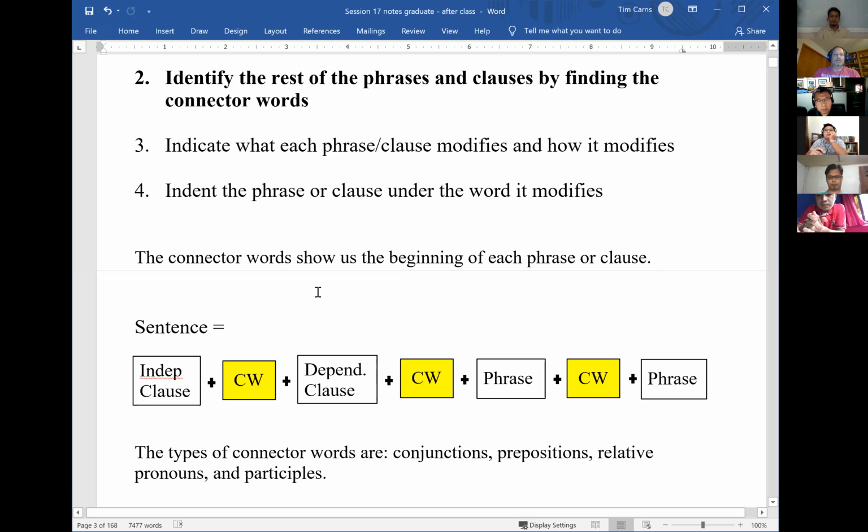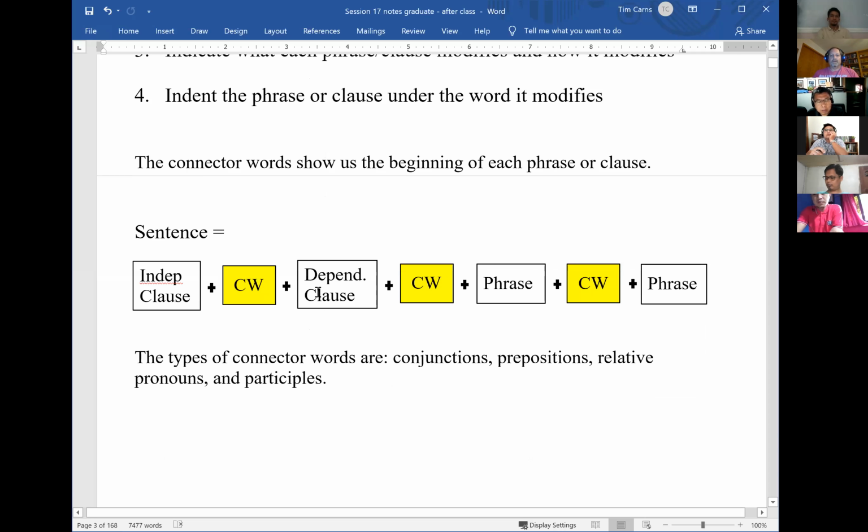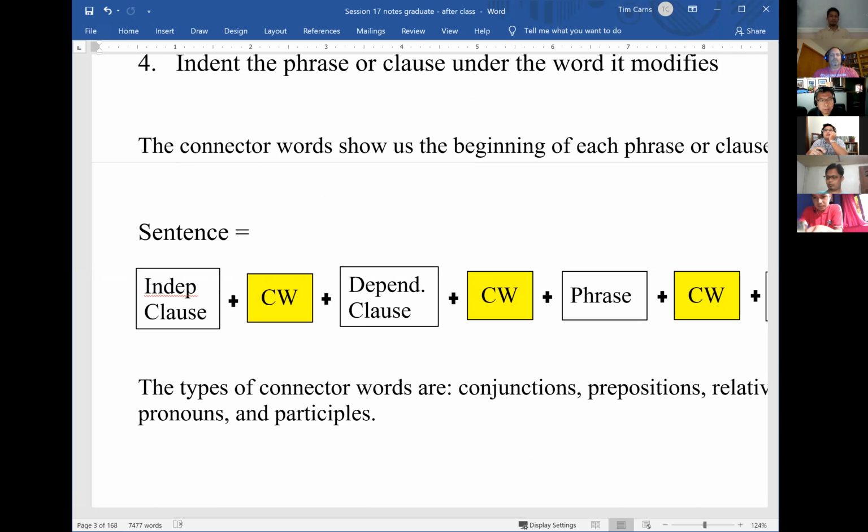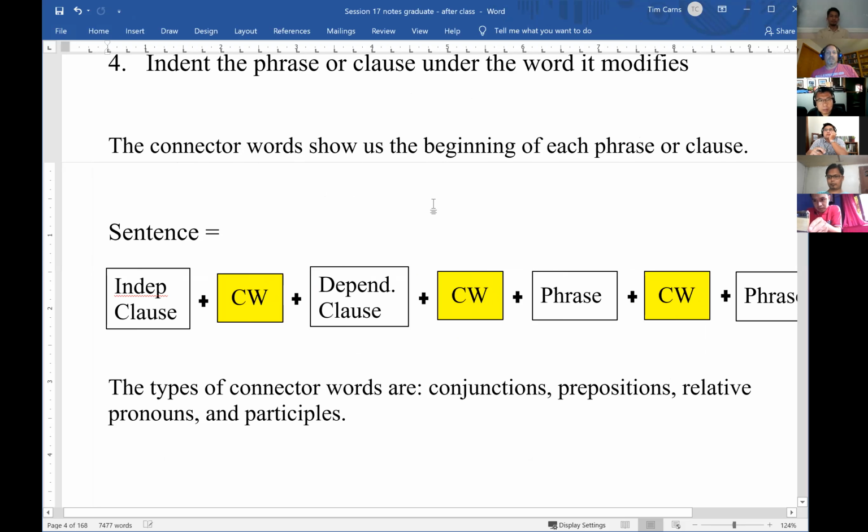And as you look at the sentence, I try to represent it here more visually. It's made up of the independent clause and then often several other dependent clauses or phrases. And those other clauses and phrases are typically introduced by a connector word. I note it here as the CW, connector word.